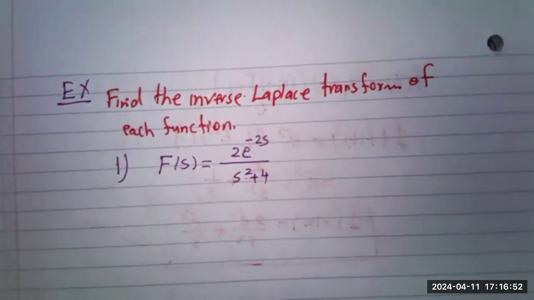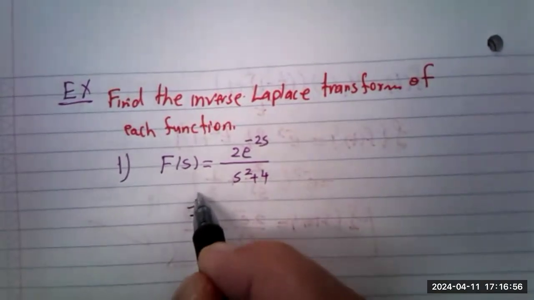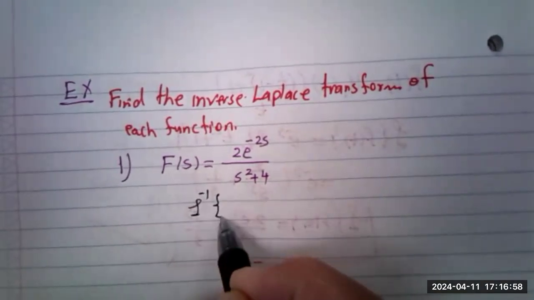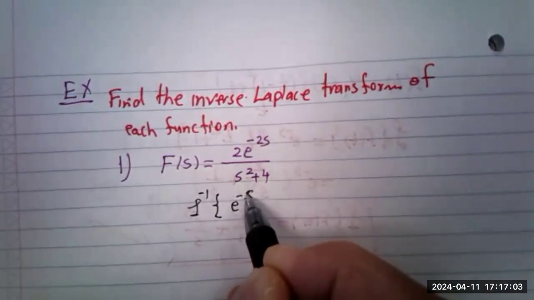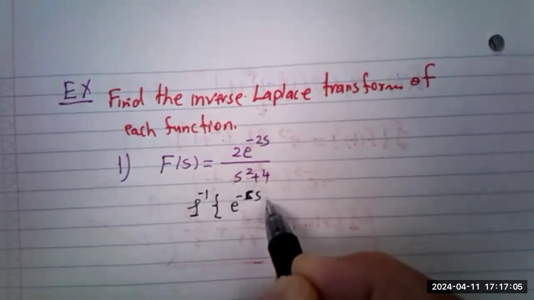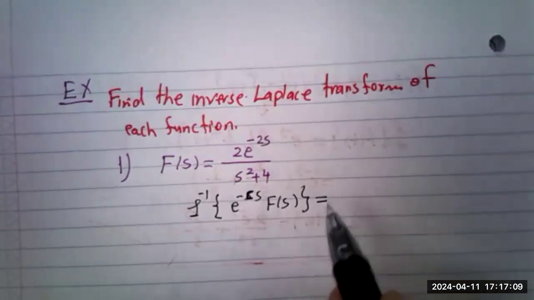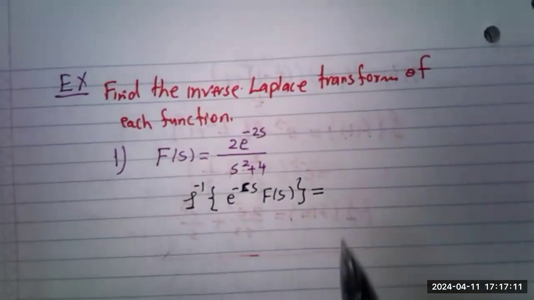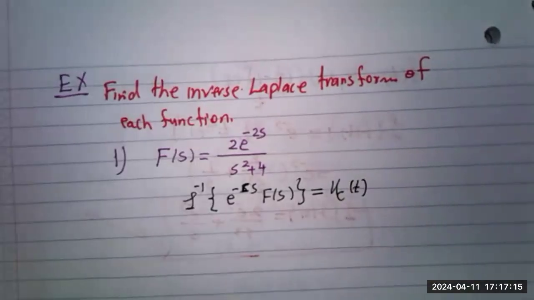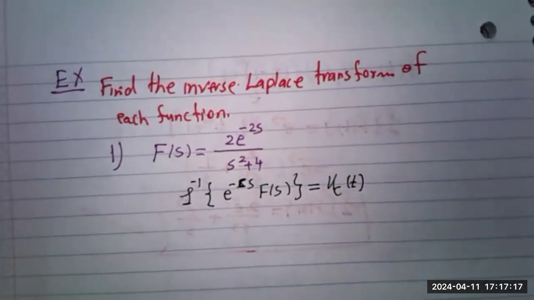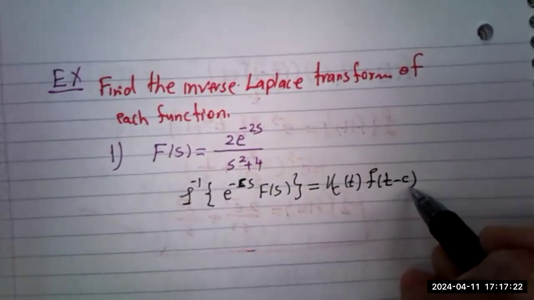The Laplace inverse of e to the negative cs F of s is going to be equal to u_c of t times f of t minus c.